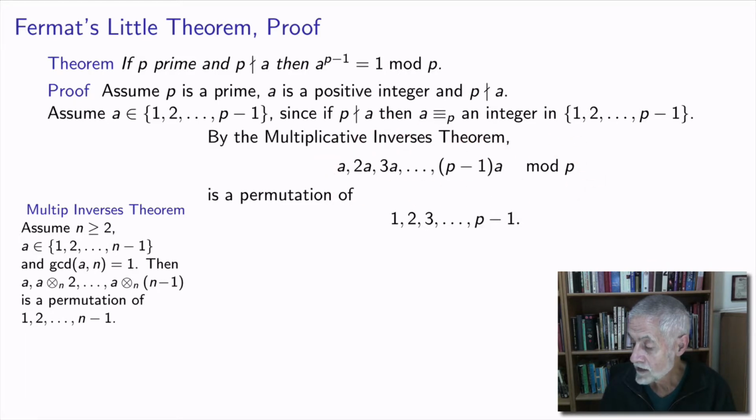So we have A, and then instead of A times 2 modulo n, we just have 2A reduced modulo n or modulo P. This is ordinary multiplication, and everything's reduced mod P. So we have A, 2A, 3A up to P minus 1 times A modulo P. And that, by the multiplicative inverses theorem, is a permutation of 1 up to P minus 1. This is exactly what happened before when we took A to be 4 and we took P to be 7.